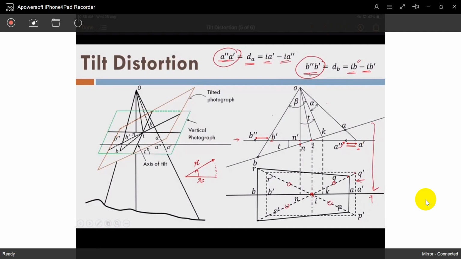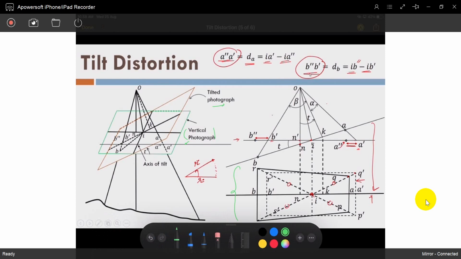So this is a tilted photograph, this is a vertical photograph, no need to make it clumsy. Once you just see this location, you can feel comfortable now. If you take this location in the vertical photograph, you will get an image like this. If some small tilt is happening, the same area will come like this.